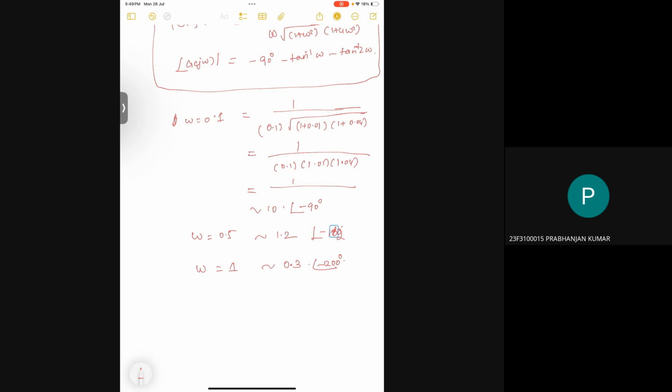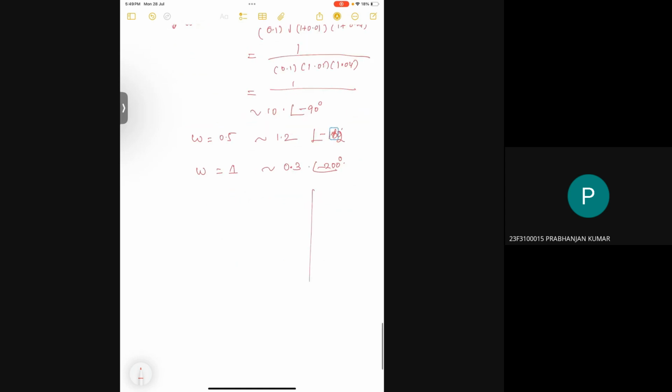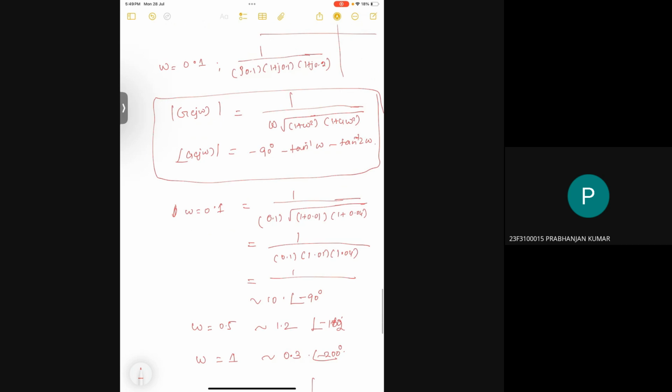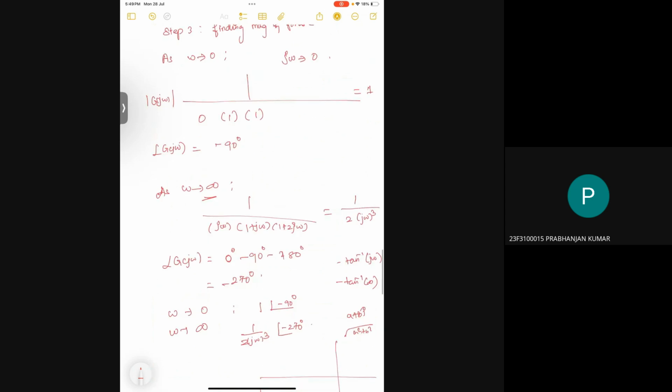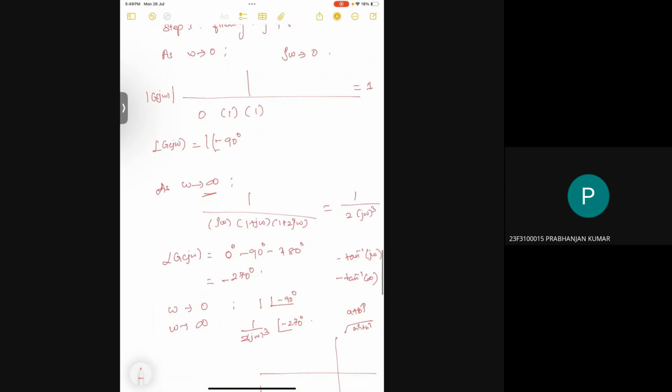Okay. So now you will know from where, for different values of omega, it starts. When omega equals 0, it starts at 1 at minus 90 degrees, right?